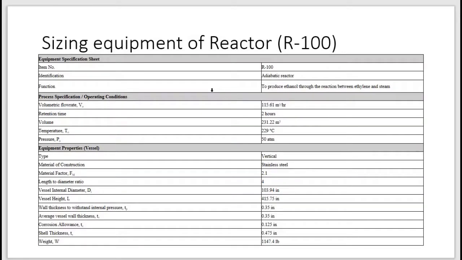The next one is the reactor sizing. This is the specification sheet, as you can see. For the reactor itself, we are using stainless steel as the material of construction, and the values you can see are based on the calculations.